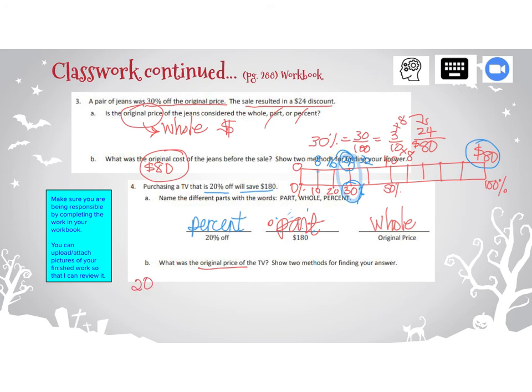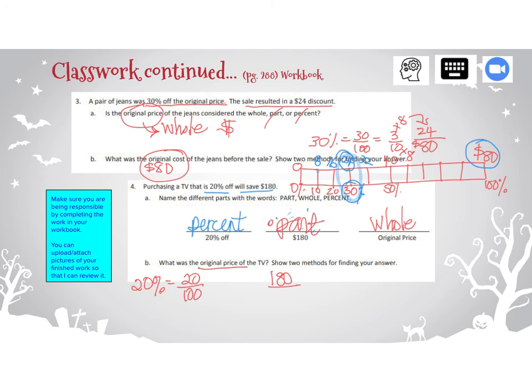I like to do the math calculation first. So 20% is equal to 20 over 100. I know that. And then I'm going to build up to, my savings was 180. I don't know what the original price was yet, but I know this is what I saved.